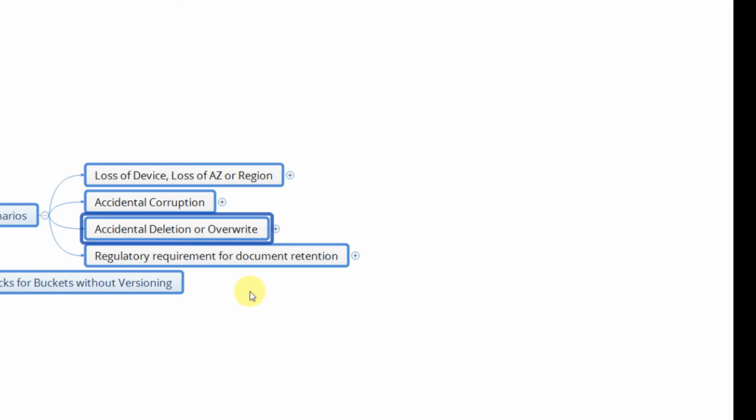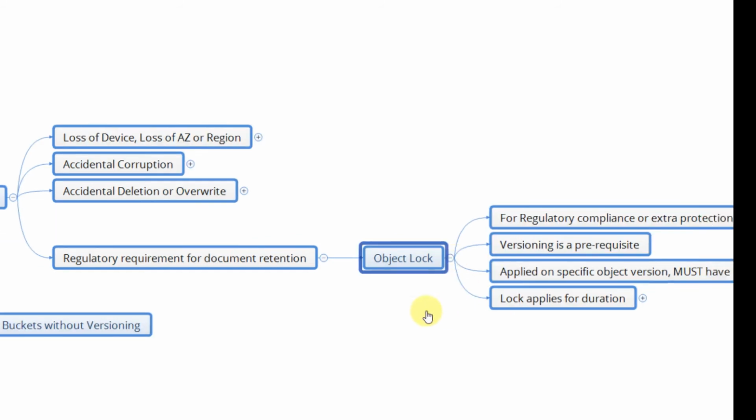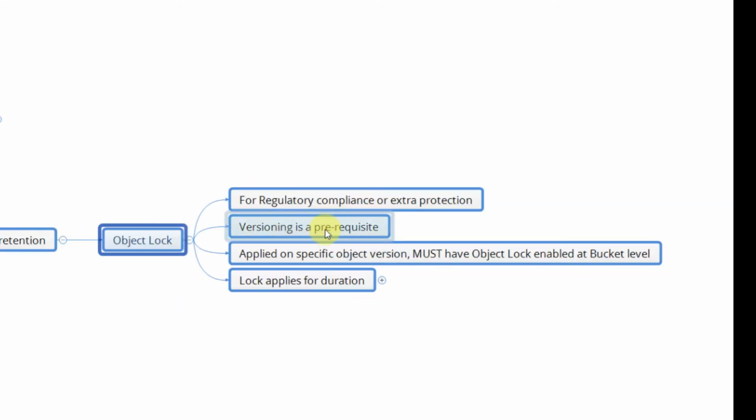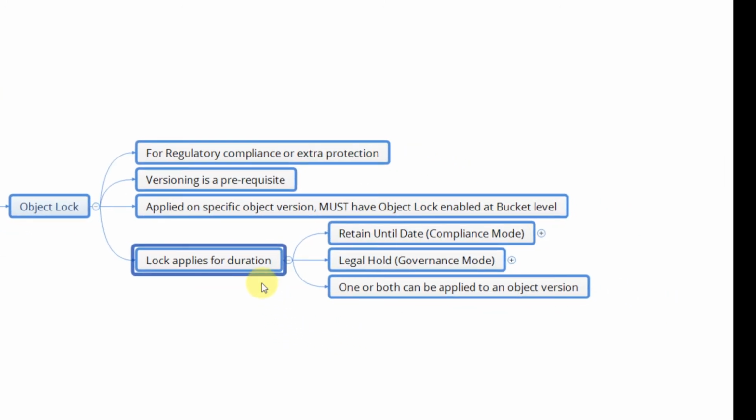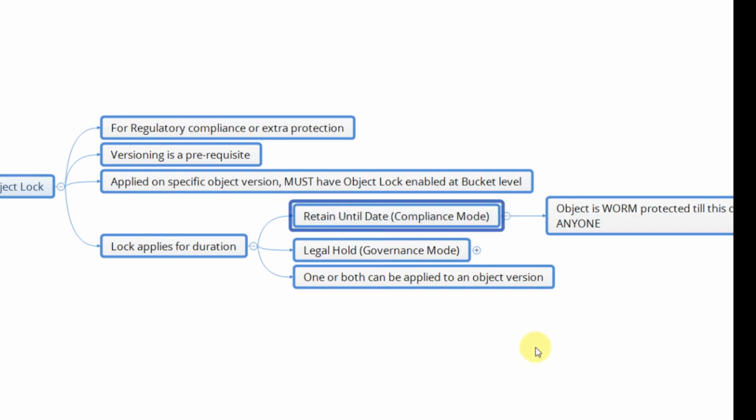If there is a regulatory requirement for document retention, then the object lock feature can be used. For object lock to be used, versioning is a prerequisite. It is applied on a specific object version, and object locking must be enabled at the bucket level. So let's look at the different configurations for locking. There is a retain until date, which is used in compliance mode.